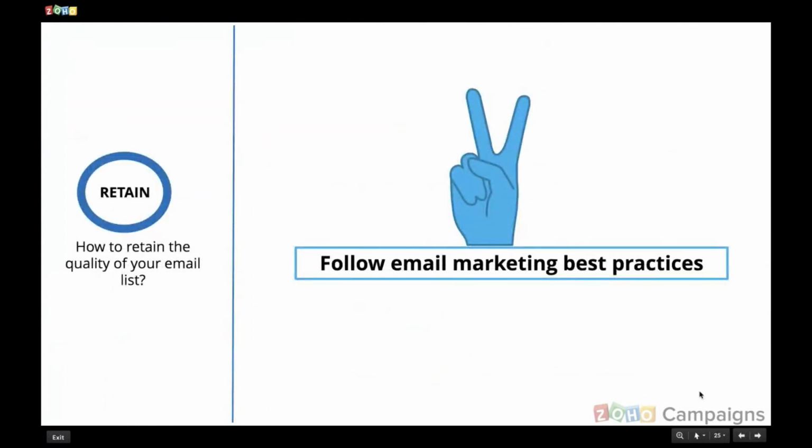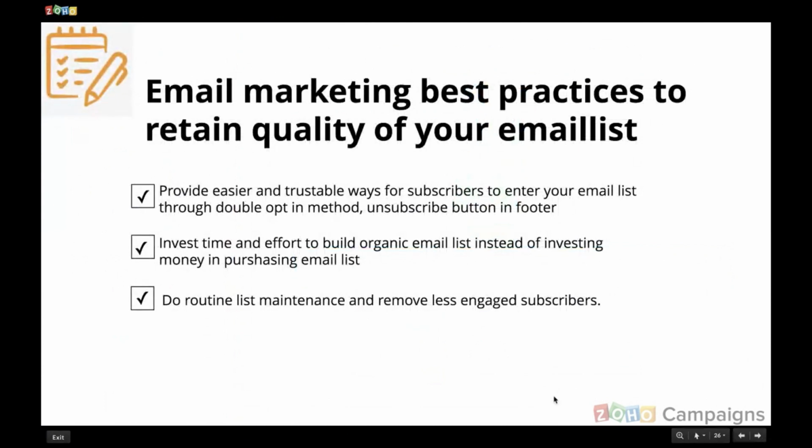And the next step is the most important, which is following some of the email marketing best practices. The first one is to keep your doors always open for the subscribers to enter as they wish and leave as they wish. So provide double opt-in. That will help in building double trust in you.